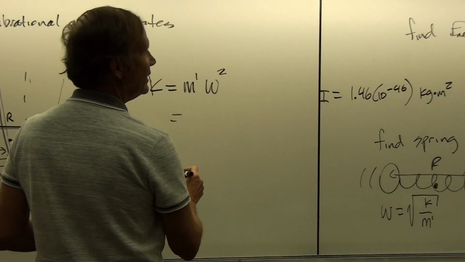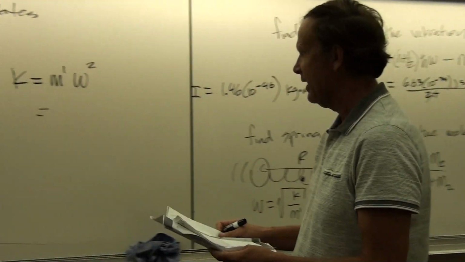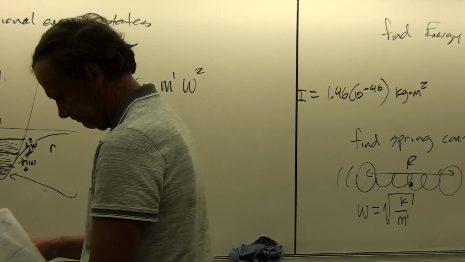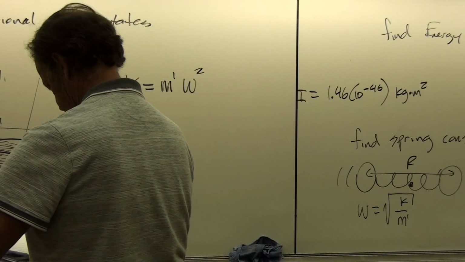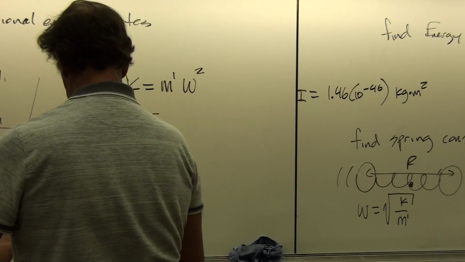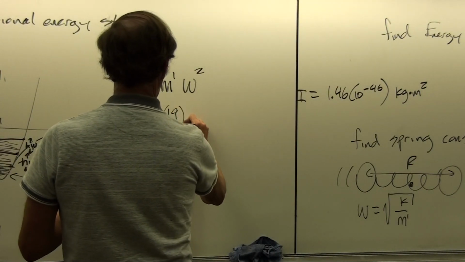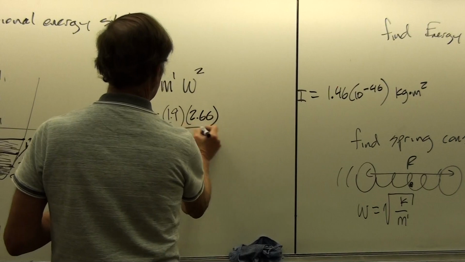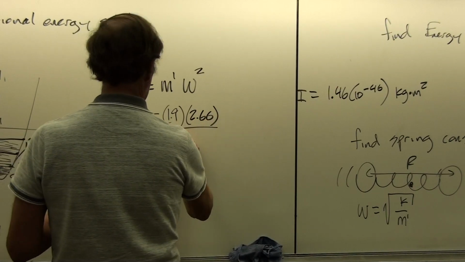And then m prime is going to be our reduced mass, which we had before as being m1 times m2 divided by m1 plus m2, which is 1.9 times 2.66, and then the powers of 10 to the 27 cancel in numerator and denominator.